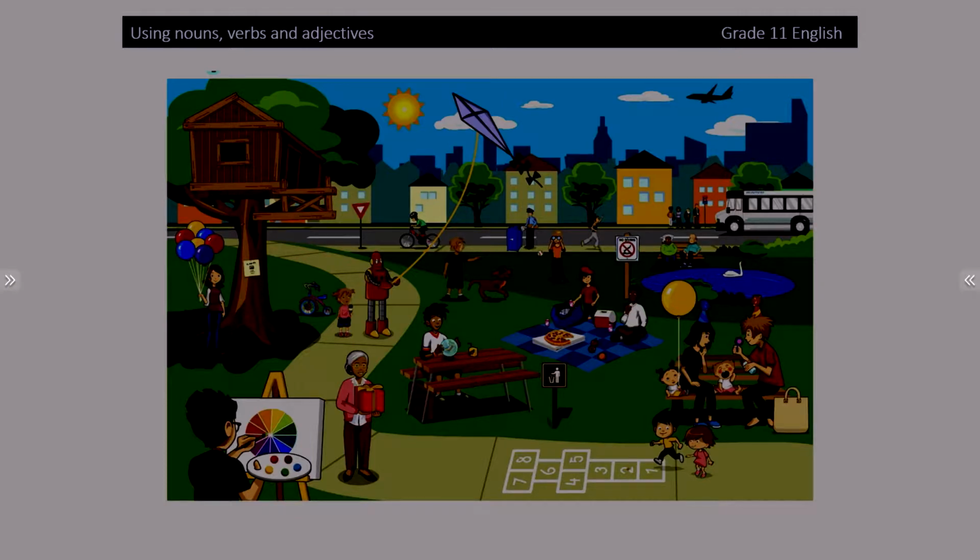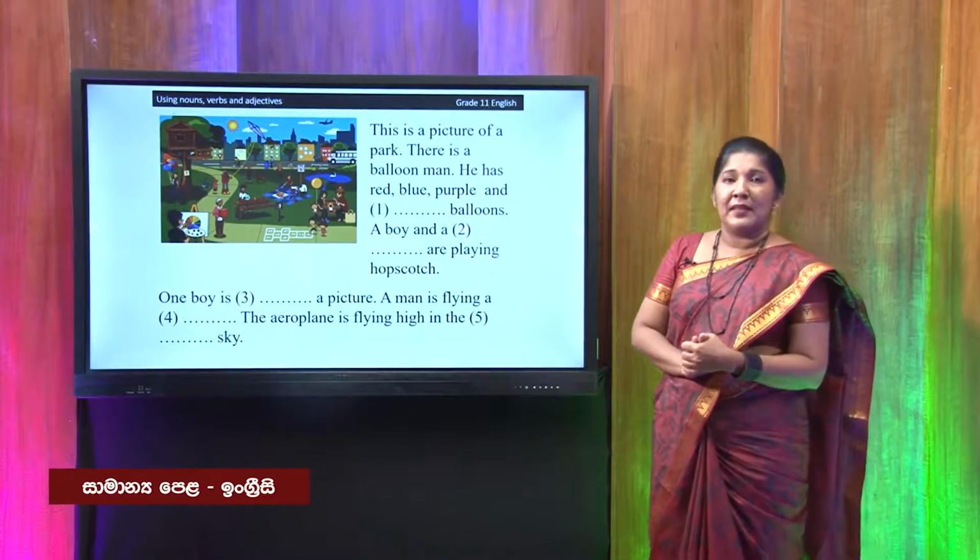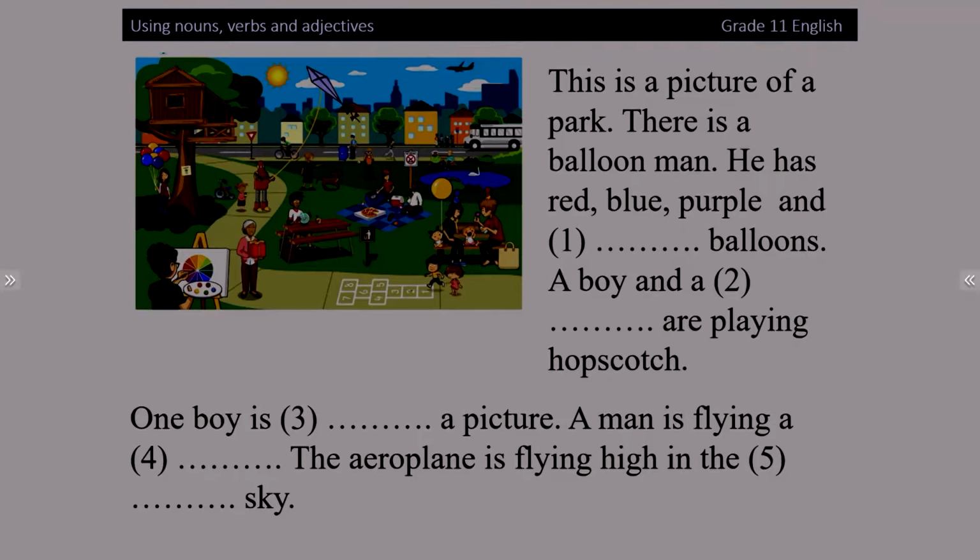So that's why I thought of telling you the word hopscotch there. And then now let us see how we construct these sentences. Here it is given in a paragraph, and there are also blanks in a few places. So just write down the number, and you can write the exact adjective, verb, or the noun there.